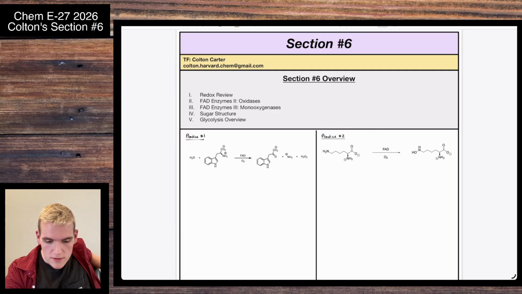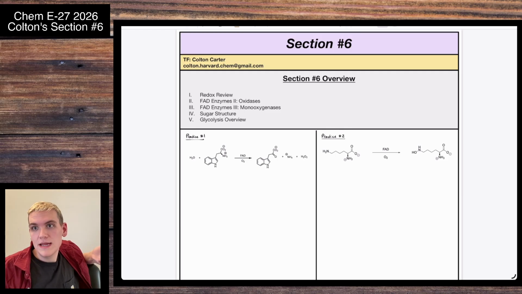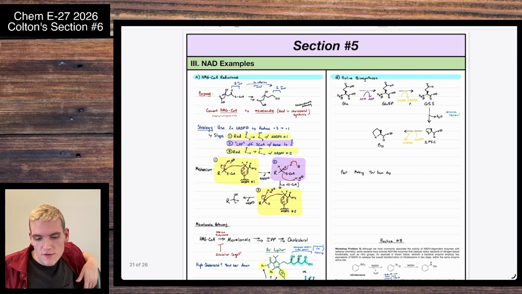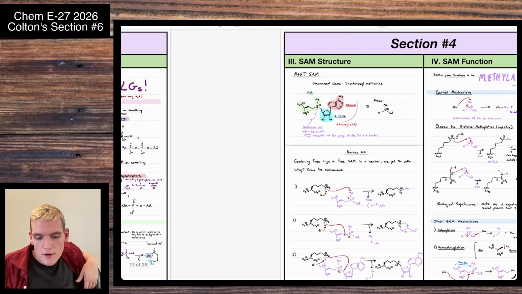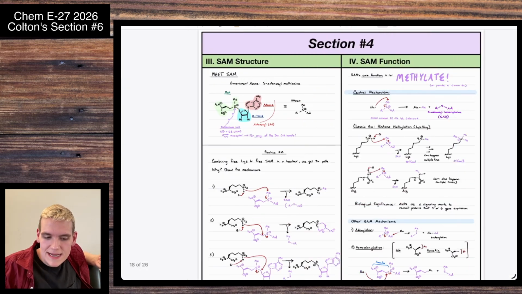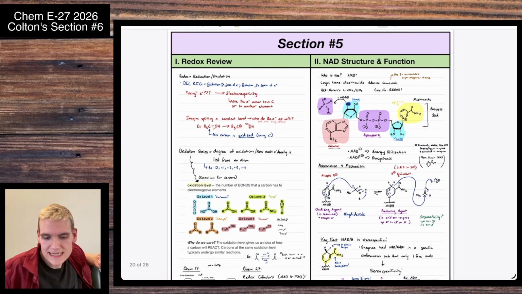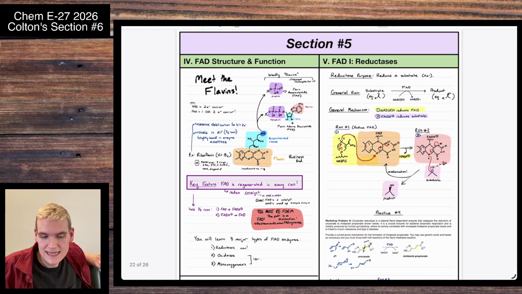So the first unit was kind of like, who are we? Where are we? What are we doing? What are amino acids? And then proteases. And then unit 2 so far has been, okay, there are these things called cofactors. Meet Miss ATP over here. Meet SAM over here. Meet NAD. Meet FAD.